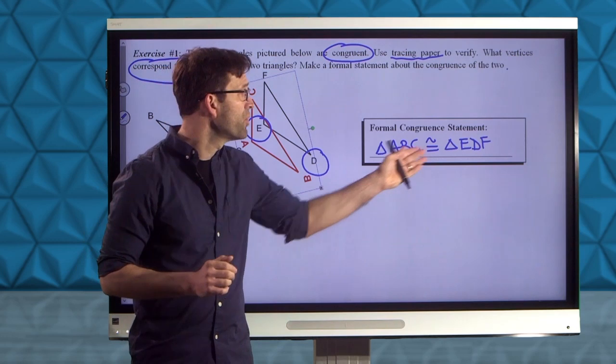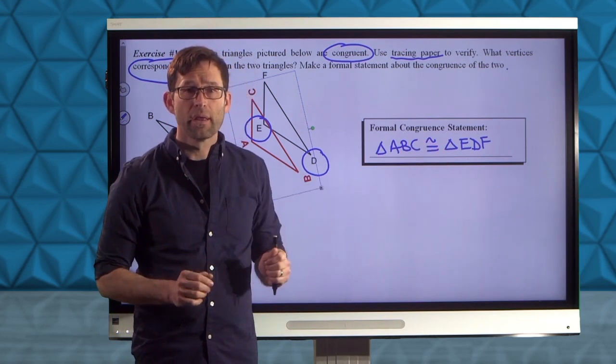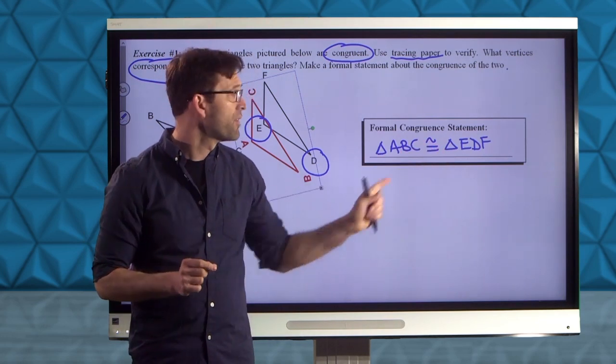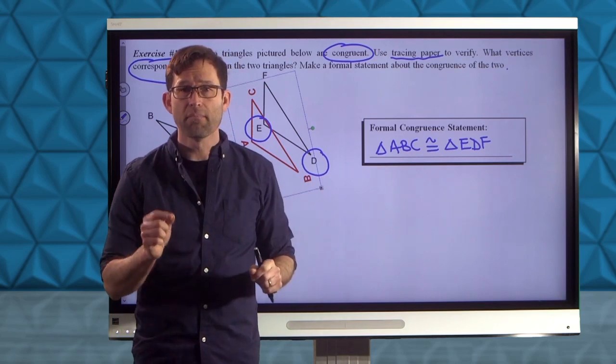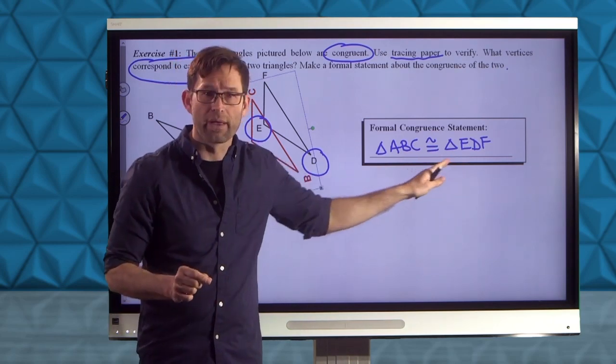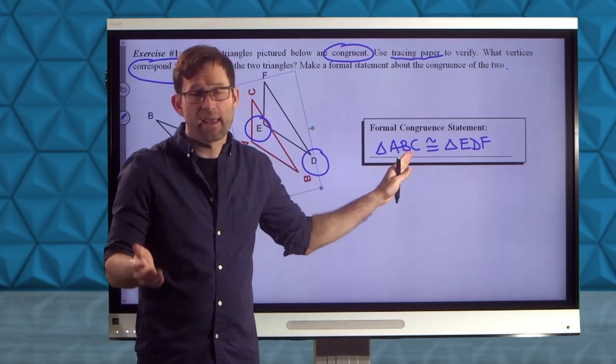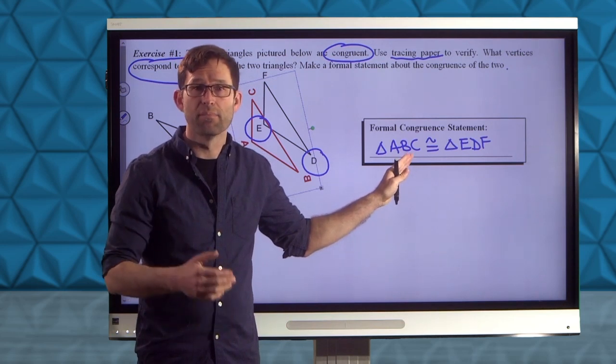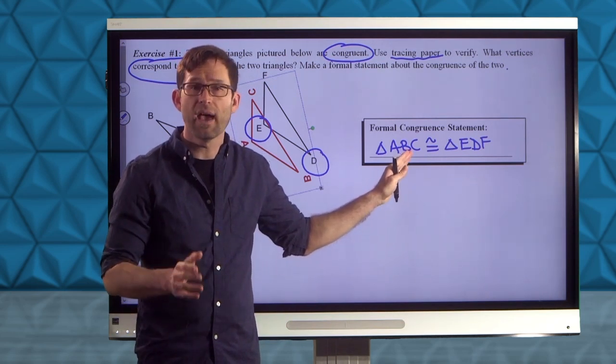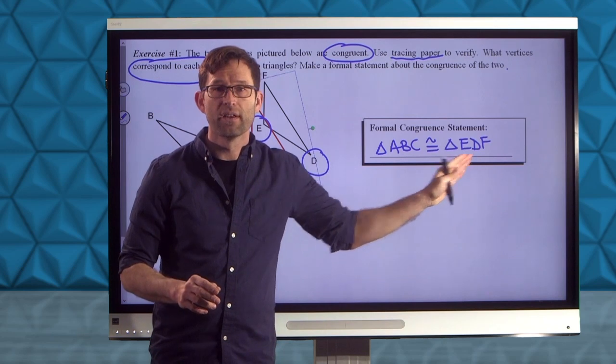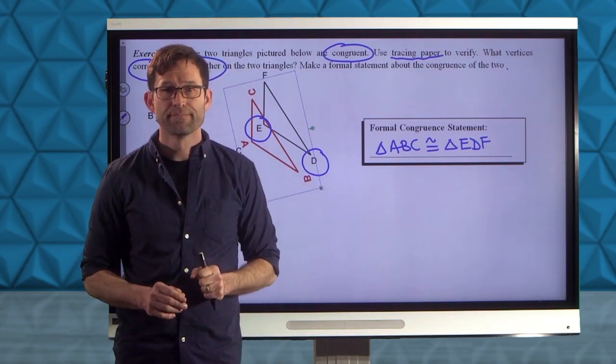So this formal statement is very important, and the order of the letters actually matters, especially on the second triangle. The first triangle, I could have said ABC, I could have said BAC, CAB, anything, but then that order dictates the order of those letters.